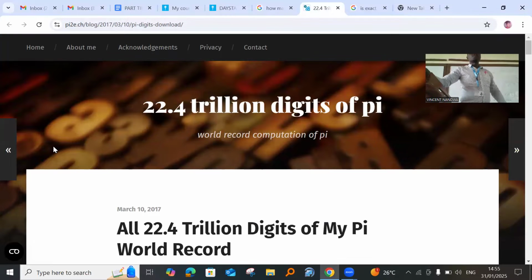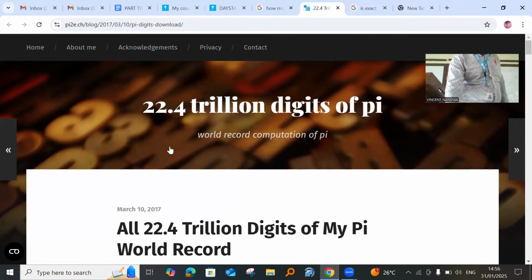As of 2024, how many digits does pi have? 62.8 trillion digits. Or as of now, which year was that?